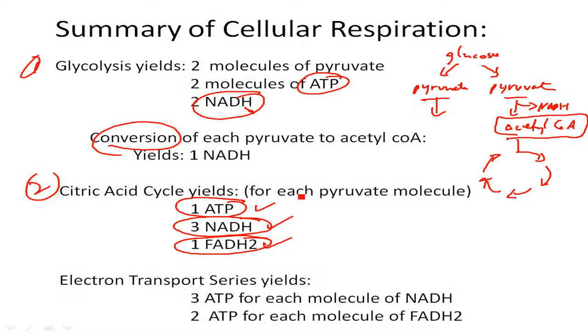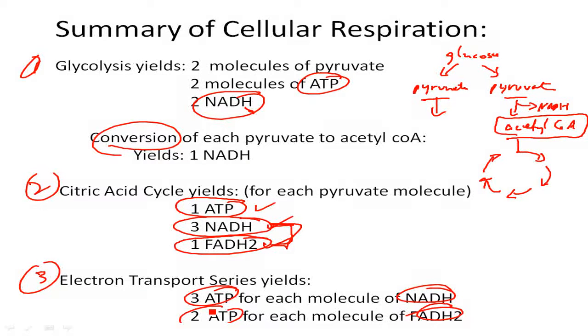So now we take these final molecules here, these NADHs and FADH2s, and we're going to run them through the last step of the cellular respiration process, which is the electron transport chain. And that is going to yield, for each NADH, 3 ATPs, and for each FADH2, 2 ATPs. And that's what you're going to end up with at the end of all this.